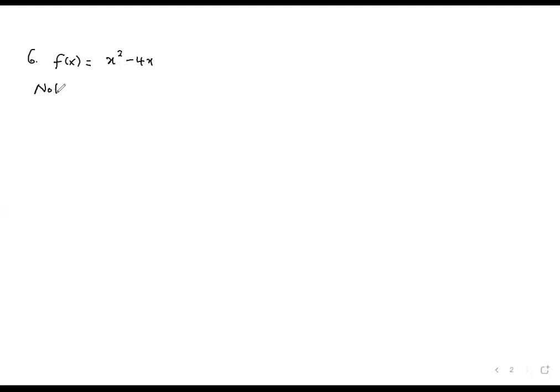One thing we should take note of is that a function f has an inverse if f is 1 to 1.